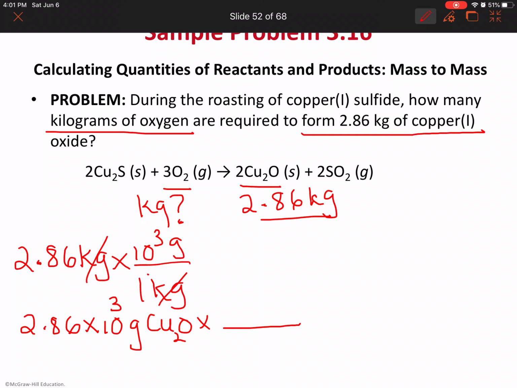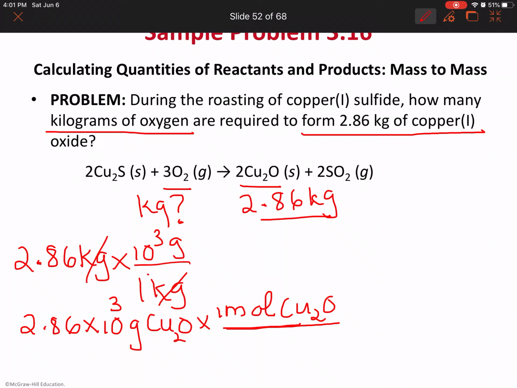Right now, what we are given is the grams. So, in order to use the molar ratio, we first need to convert copper 1 oxide grams into moles. How do you convert grams to moles? Using the molar mass of copper 1 oxide. So, 1 mole, it's going to be in your numerator. 1 mole copper oxide is the molar mass of copper oxide.